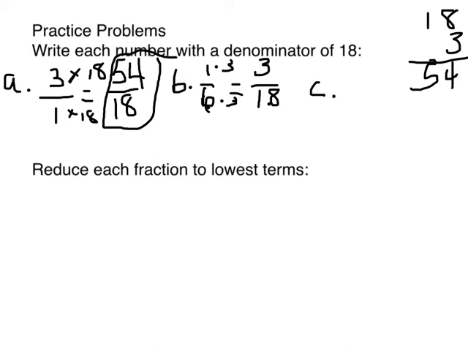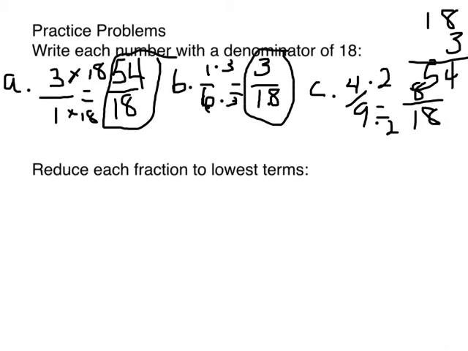Alright, in C, my number is 4/9. Is equivalent to what over 18? Well, 9 times what is 18? 9 times 2. So 4 times 2 would be 8. So 8 over 18 is equivalent to 4/9.